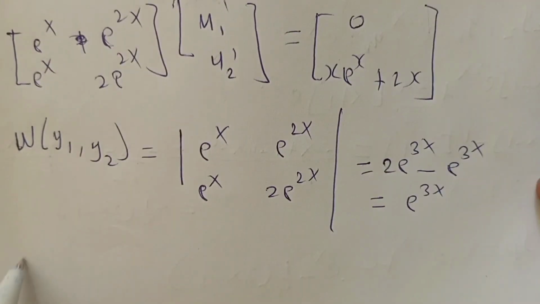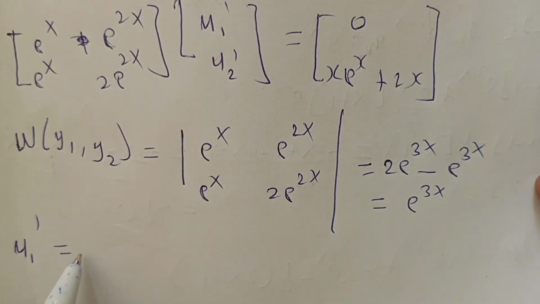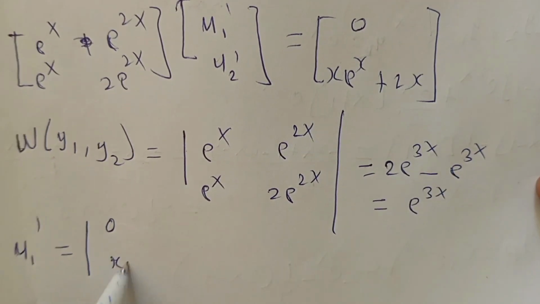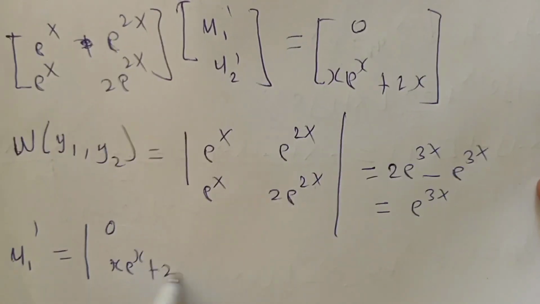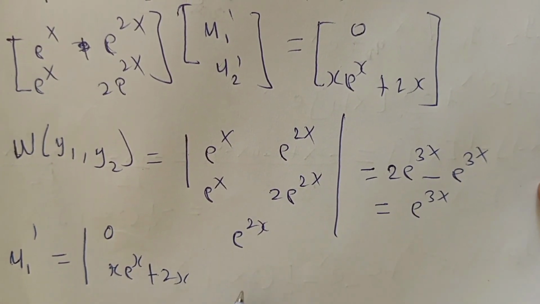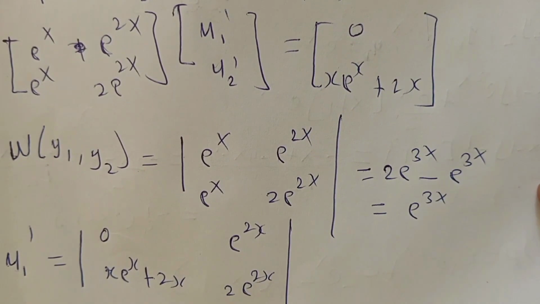From there now, you shall obtain u1 prime, which is given by the determinant of 0, x exponential x plus 2x, exponential 2x, 2 exponential 2x. We obtain the determinant.